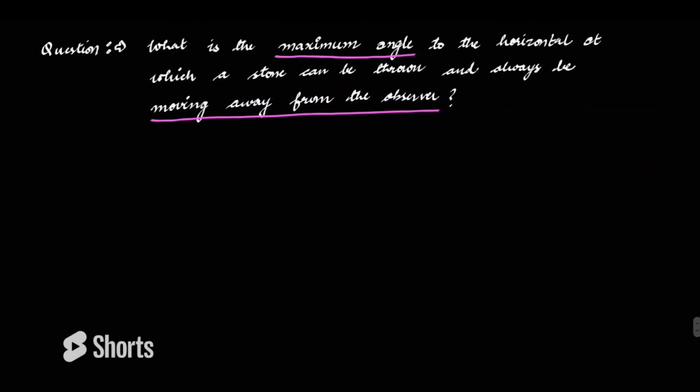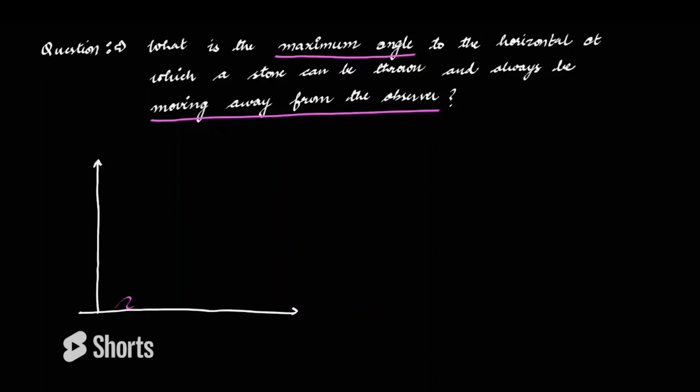Okay, the original problem said that find the maximum angle to the horizontal at which a stone can be thrown and always be moving away from the observer. Okay, in this question, let us take few cases. Now, if I take a vertical motion case, what happens there?